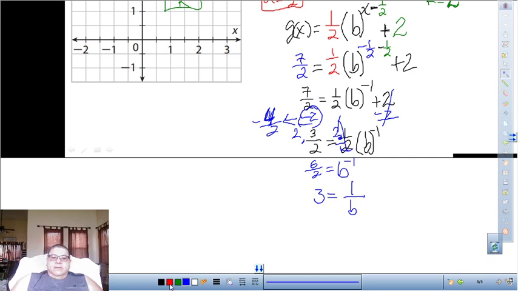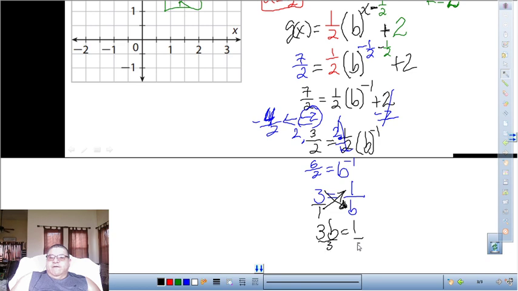All right? So at this point, we're going to put this over 1. Now we have a proportion, cross multiply, 3b. And 1 times 1 is 1. And let's solve for b.